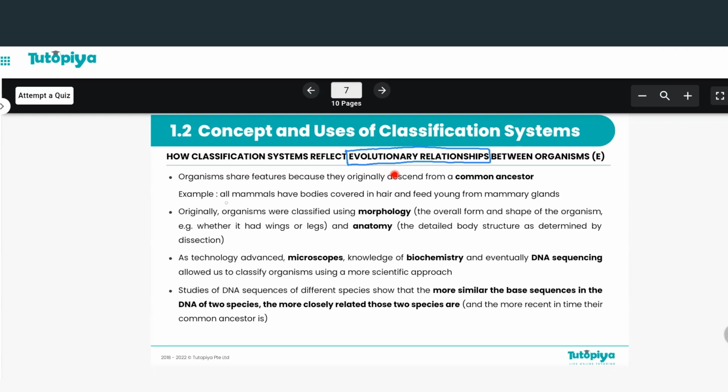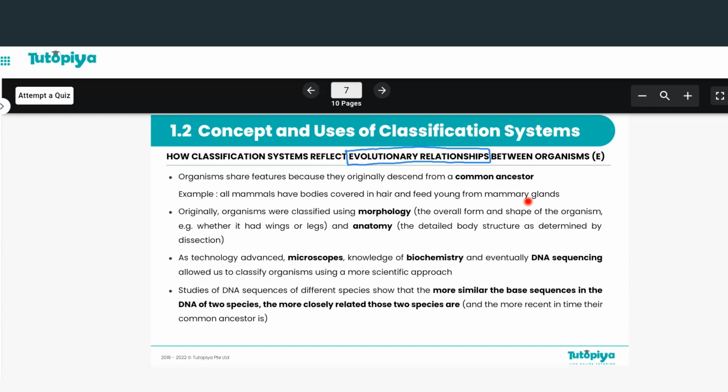For example, if you consider the group of mammals, we know that all mammals have bodies covered in hair and they feed their young from mammary glands. So how exactly did this come about? How did all mammals get these common characteristics of being able to feed their young from their mammary glands and their bodies being covered in hair?